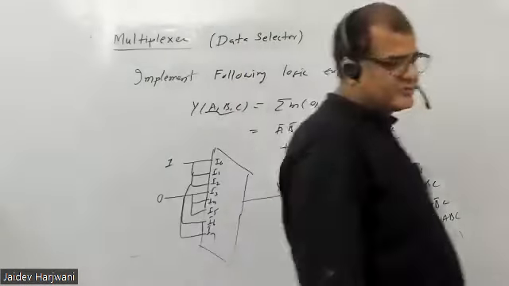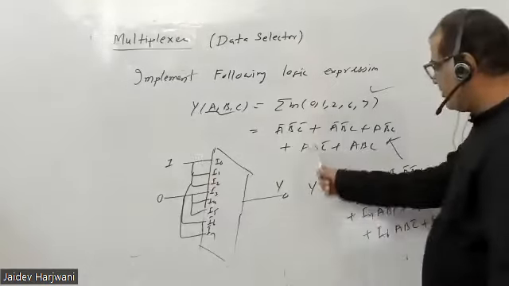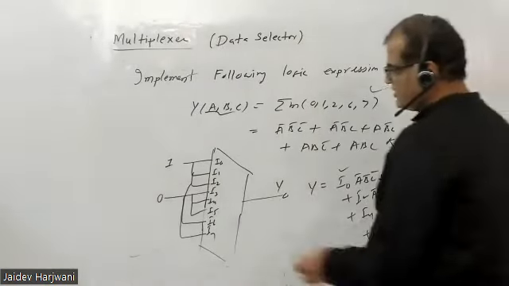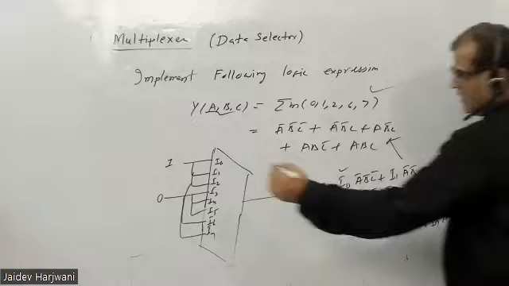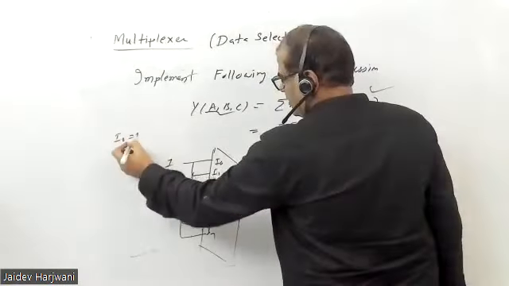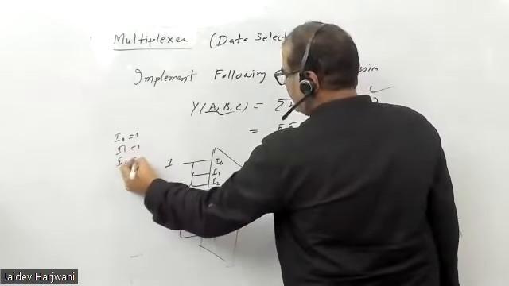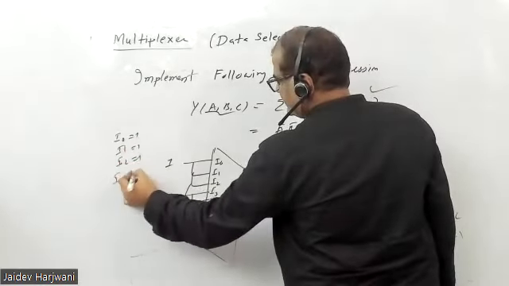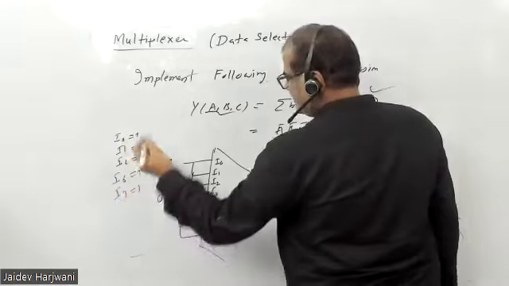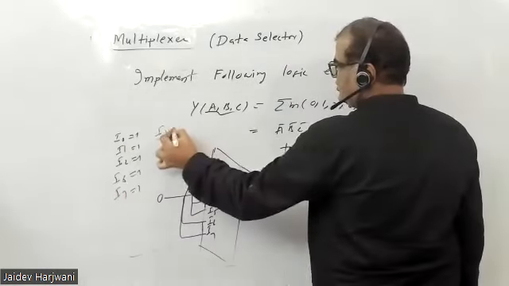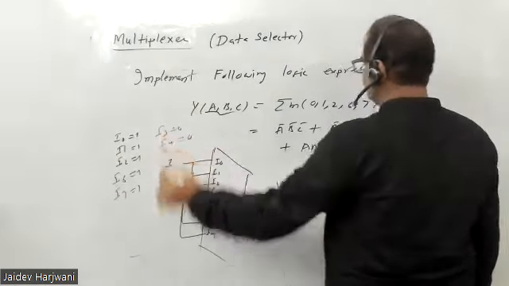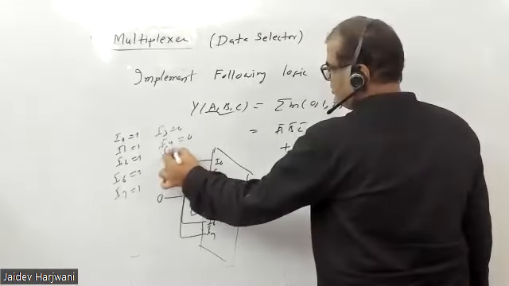Now you have to put the values of I0, I1, I2. So I0 is 1, I1 is 1, then I2 is 1, then I6 is 1, I7 is 1, and the remaining I3 is 0, I4 is 0, I5 is 0.